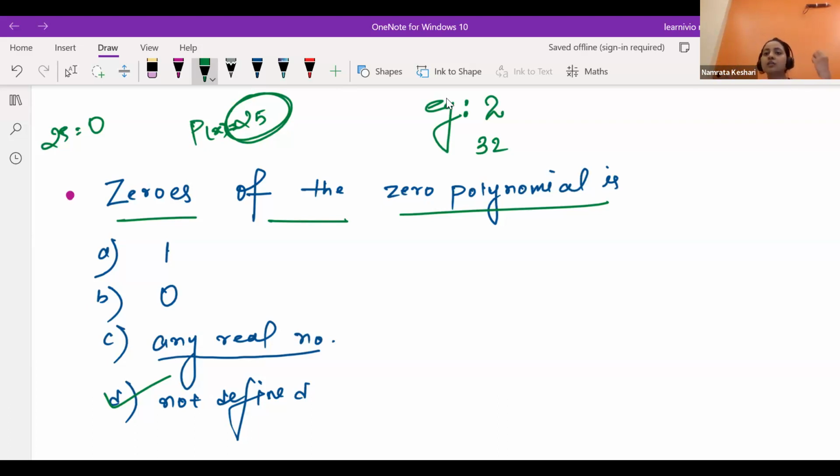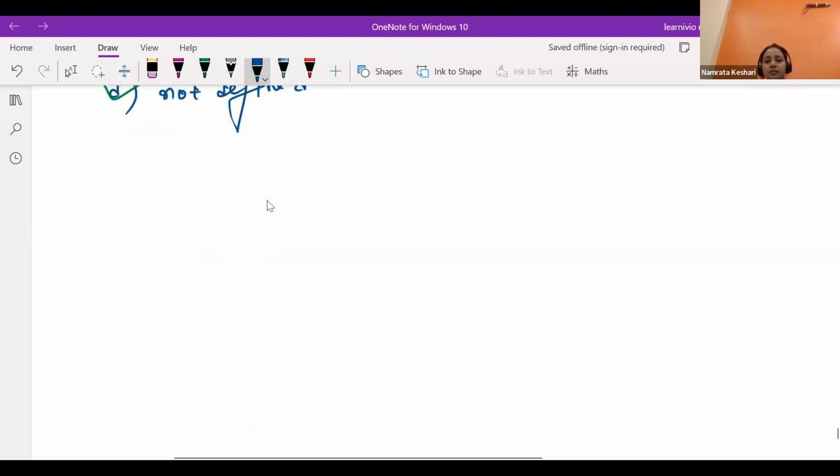If x is there, then the value of x; if y is there, then y; if z is there, then z. But when we repeat the process for our particular question, it doesn't make sense, and that's why we say it is not possible. Got it? Let's continue.